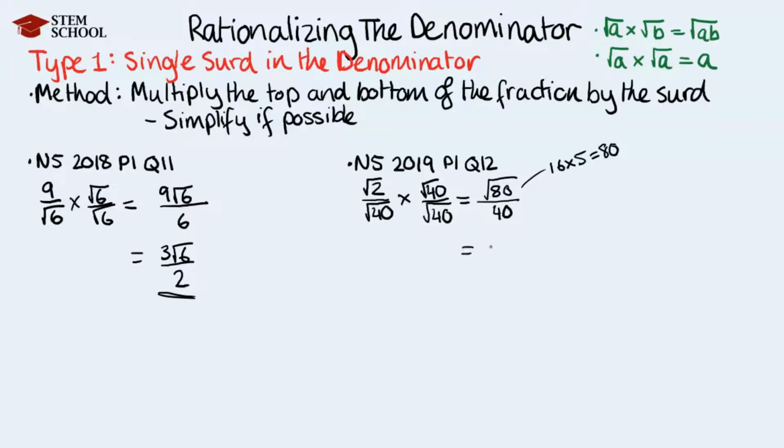So we can say root 80 is the same as writing root 16 multiplied by root 5 all over 40. Okay, then we simplify it down as normal. So root 16 is 4, root 5 divided by 40. Then we can simplify this down. So this will just be root 5 all over 10 as a final answer.